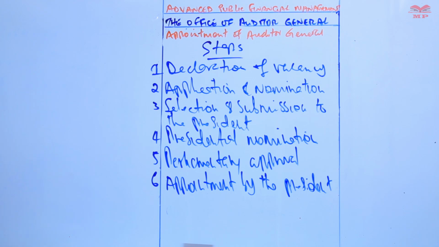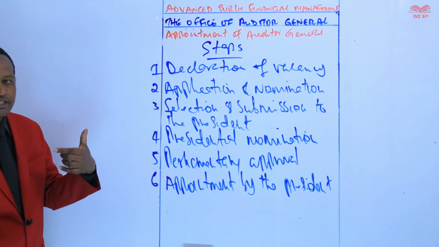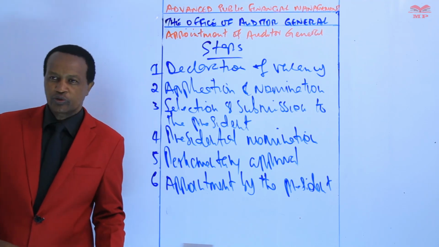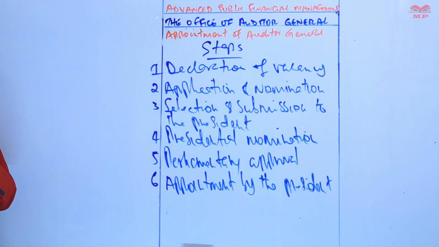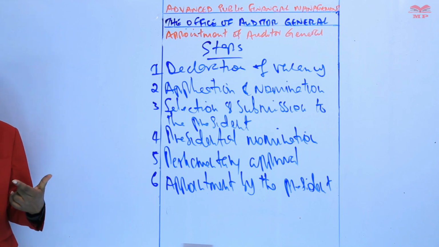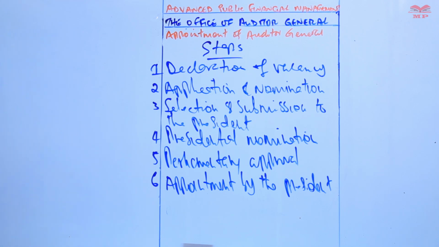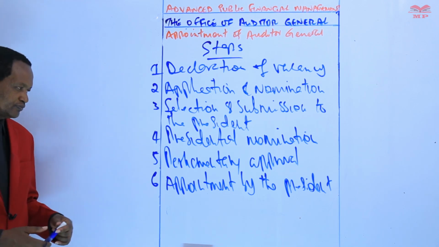If the National Assembly approves the nomination, the Speaker of the National Assembly informs the President of the decision. The President then formally appoints the Auditor General by notice in the Gazette within 7 days of receiving the National Assembly's approval.